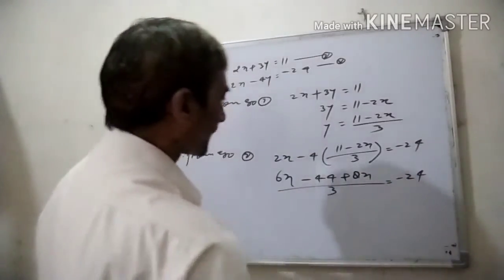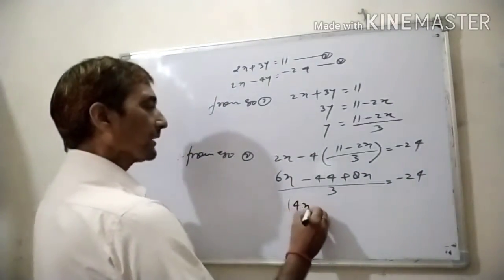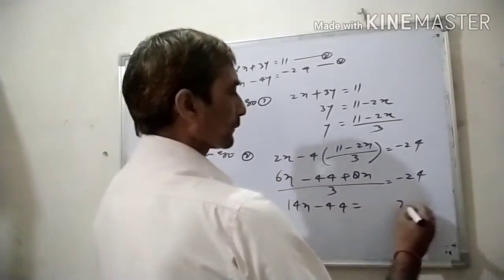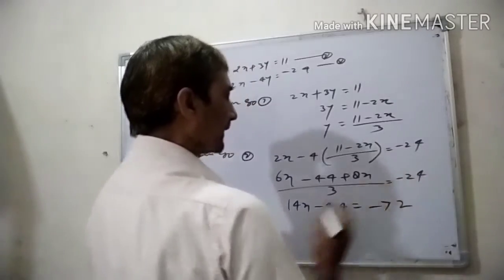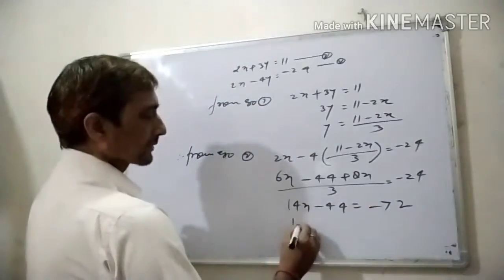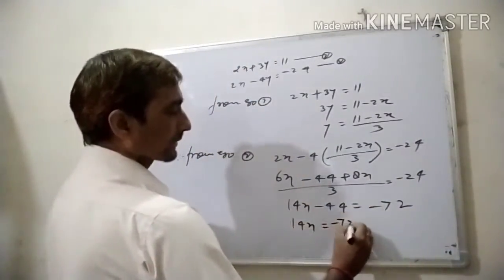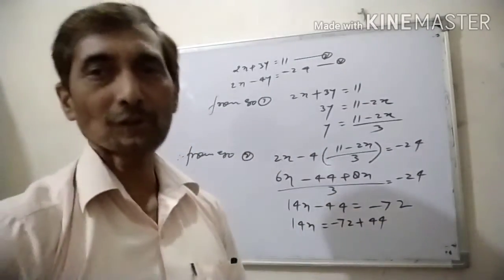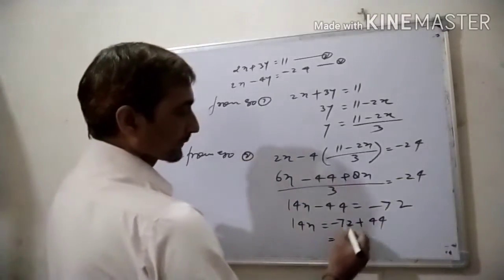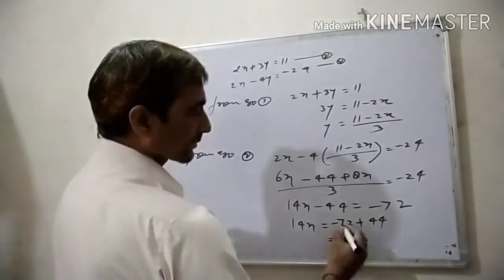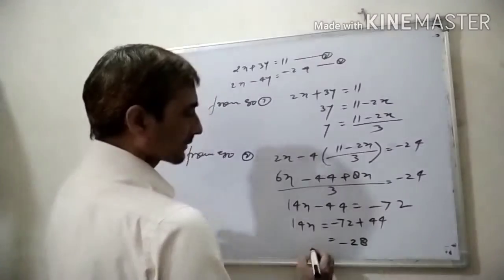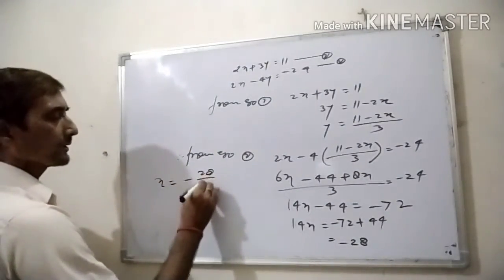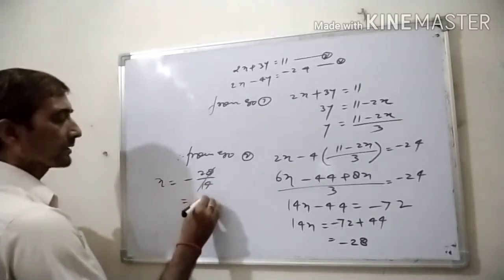By cross multiplying, 6x minus 44 plus 8x equal to minus 72. 14x minus 44 equal to minus 72, so 14x is equal to minus 72 plus 44. After changing the side of 44, you will get minus 28. Now x is equal to minus 28 by 14, that is minus 2.